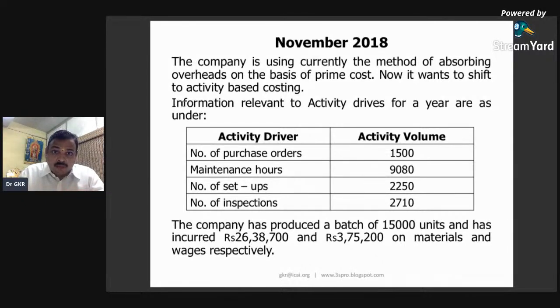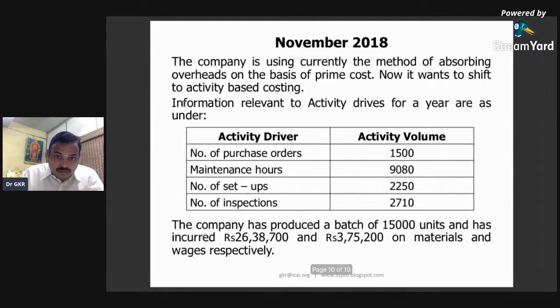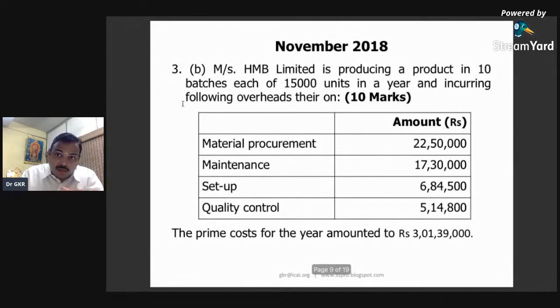For a year, the company has produced a batch of 15,000 units and has incurred 26,38,700. This is with respect to one batch. That 15,000 is different; here, for a year, data has been given.